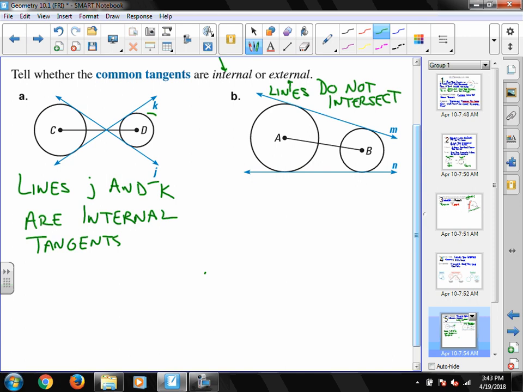If I go over to B, those lines, yes, they may intersect, but they're not going to intersect in between the two circles. So lines M and N are external tangents.